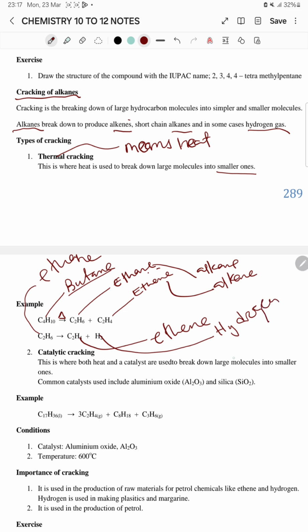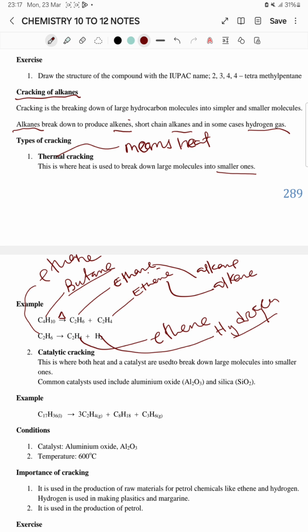You've seen that hydrogen gas has been produced here. So we first started with butane being cracked to form ethane and ethene. Then ethane is being cracked to form ethene and hydrogen gas.